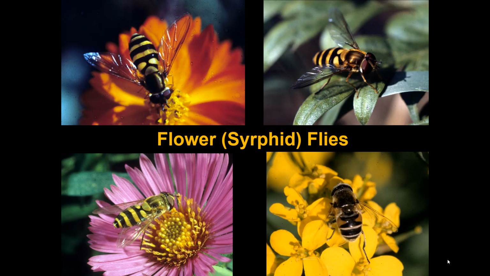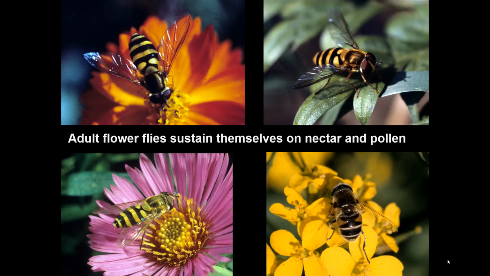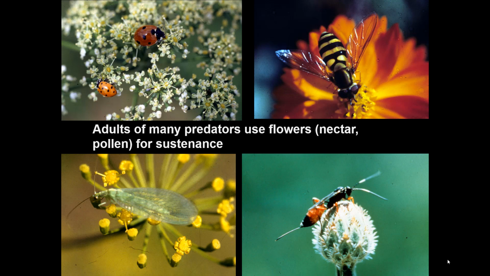That group, the flower flies, a group of flies that look very much like bees or wasps sometimes, their larvae are predators of many kinds of insects, top aphid predators, and they sustain themselves on nectar, maybe a little bit of pollen, but mostly nectar in order to keep going. And then, this is a general principle for pretty much all of the natural enemy species we wish to encourage in our yards, that the adult stages use plants as food sources, either for nectar or nectar and pollen.